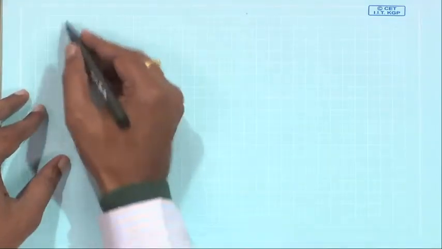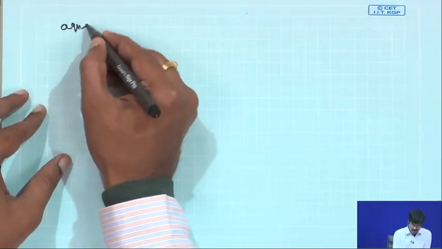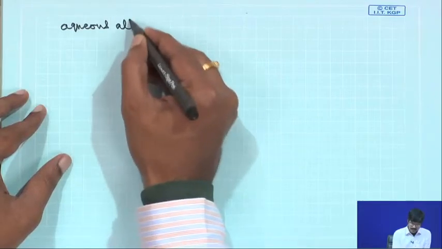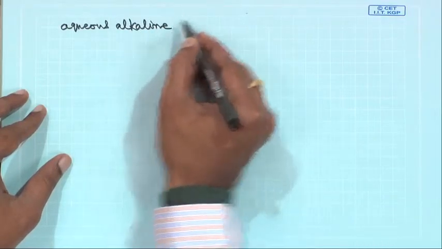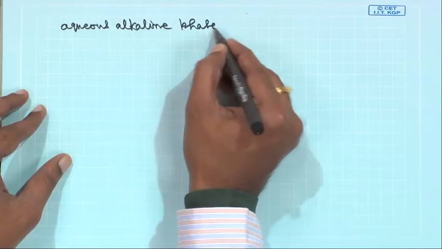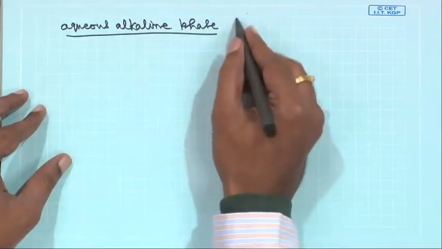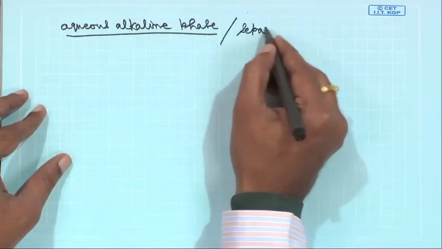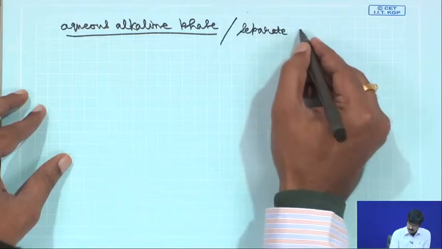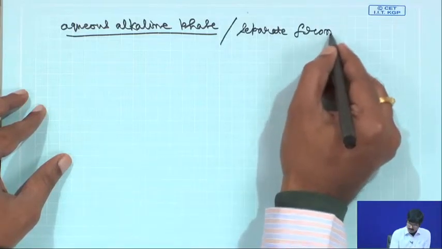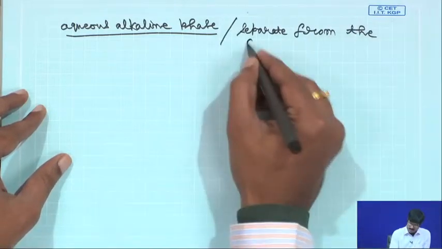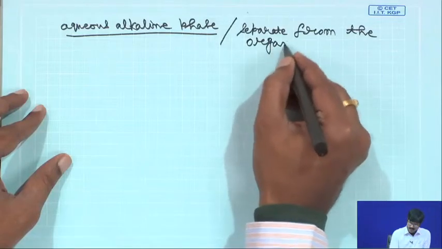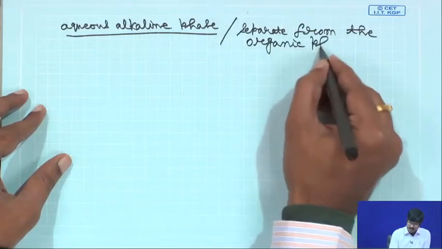Okay. So, once the reaction is complete, what you have? You have the aqueous alkaline phase. Now, this aqueous alkaline phase, you separate this from the organic phase. There will be two layers produced.